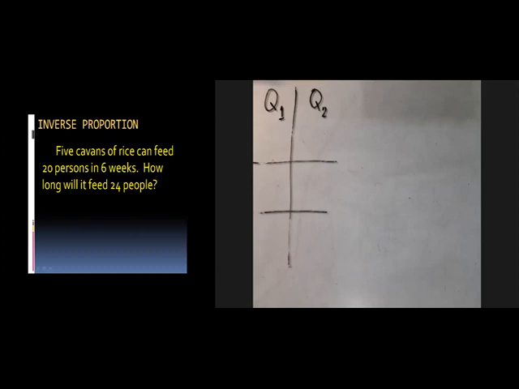So, ibig sabihin, dun sa problem, it suggests what or which quantities to consider to solve the problem. Okay? Ang tinatanong dyan ay, how long will it feed? Okay, how long will it feed means you need to consider the time.